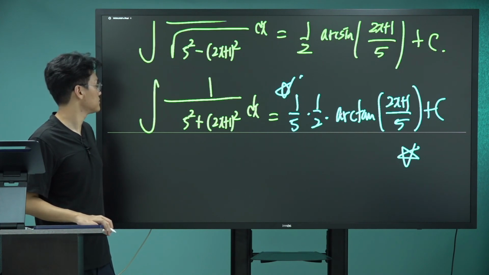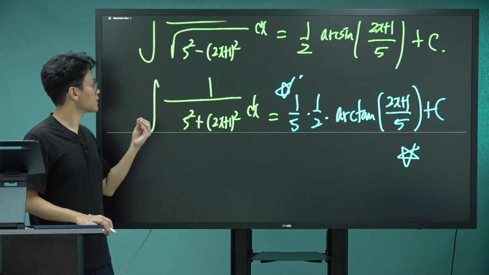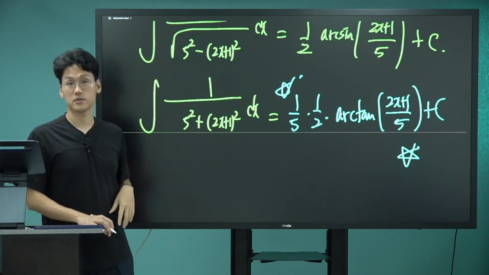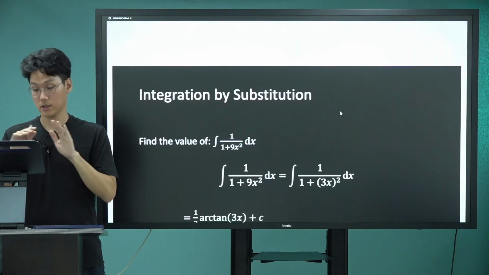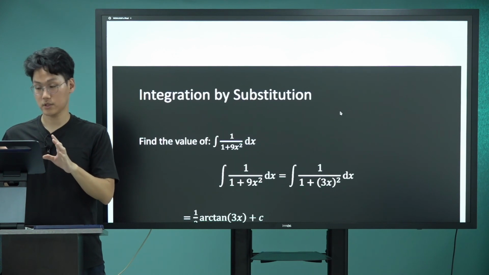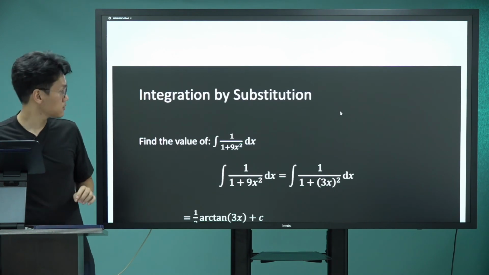So it depends whether it's an inverse sine or inverse tangent, which factor is going to pop up. You have to be very careful with that. It can only be distinguished quickly through practice.